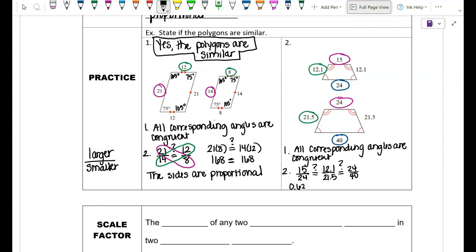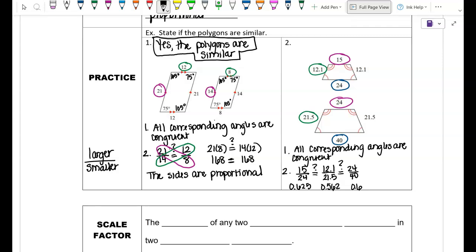Yeah, 0.625. What about 12.1 divided by 21.5? What is the decimal equivalent? Yeah, and I'll just put 0.562. And what about the decimal equivalent of 24 divided by 40?